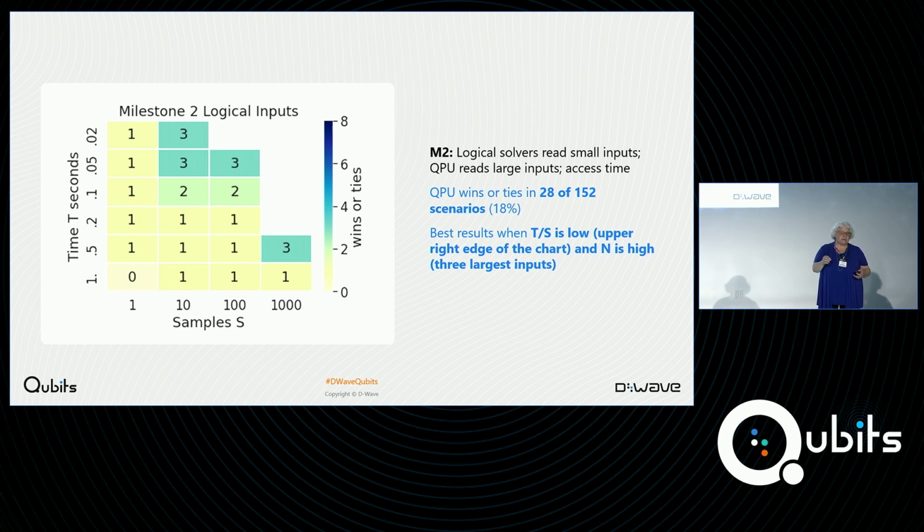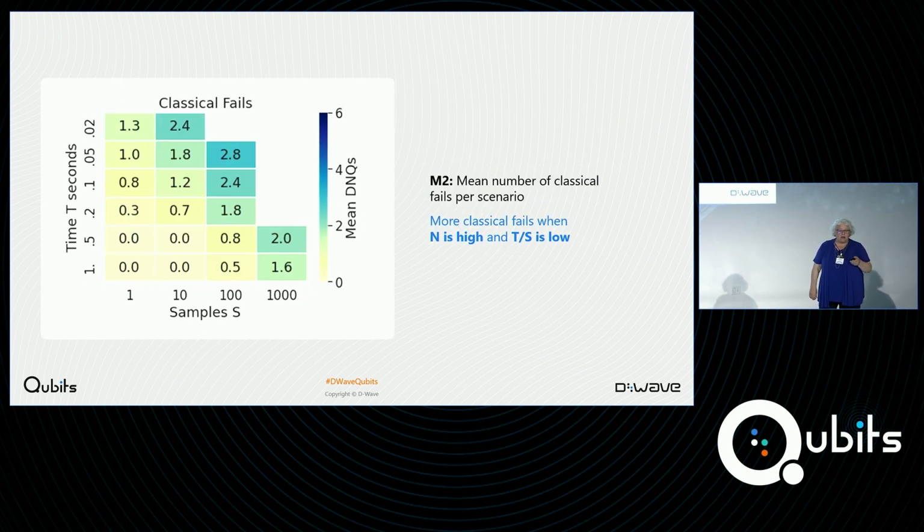short run times. And as it turns out, large N, these are the 3 biggest problems in our embedded set of inputs. So there's something about when time per solution is low, upper right corner, and N is high, the 3 largest inputs, we're seeing places where the quantum processor can win. And also, those places coincide with more likely to see classical solvers failing.